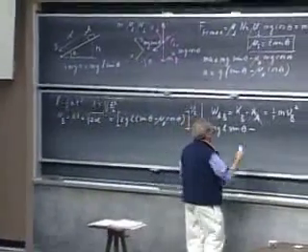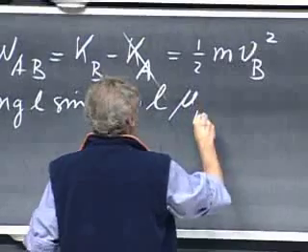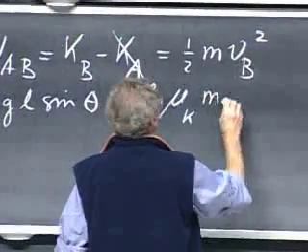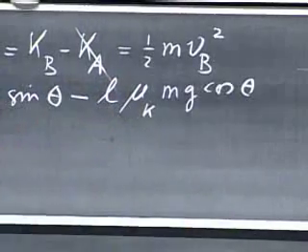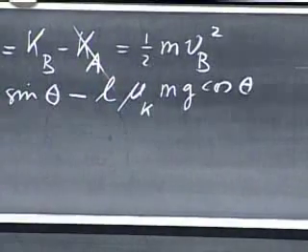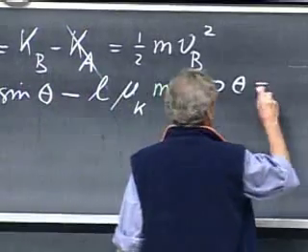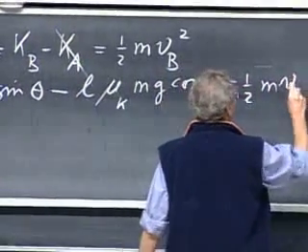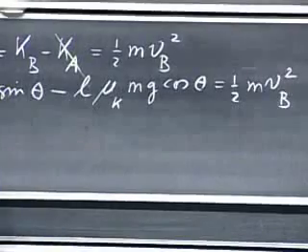And so I get L times the frictional force, which is mu k mg cosine theta. So that's the negative work done by the friction, and this equals 1/2 m VB squared. And I lose an m.